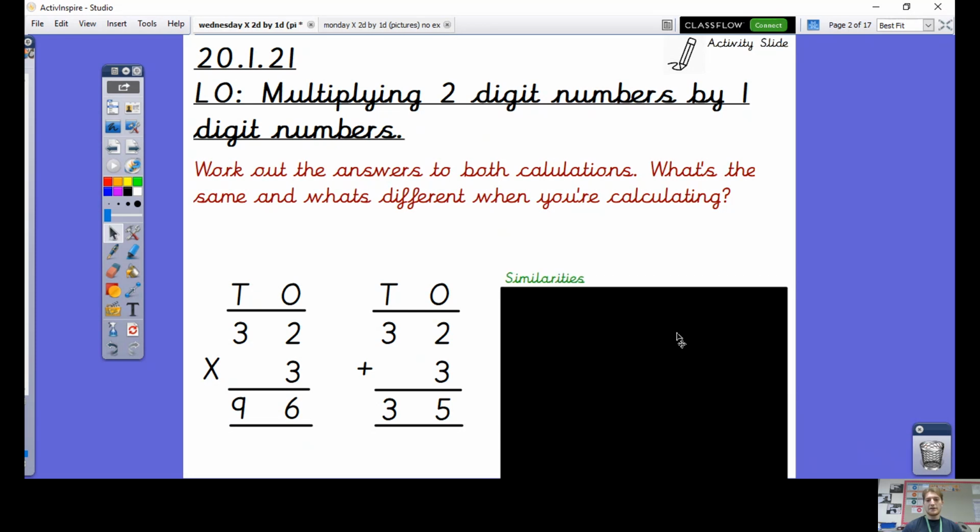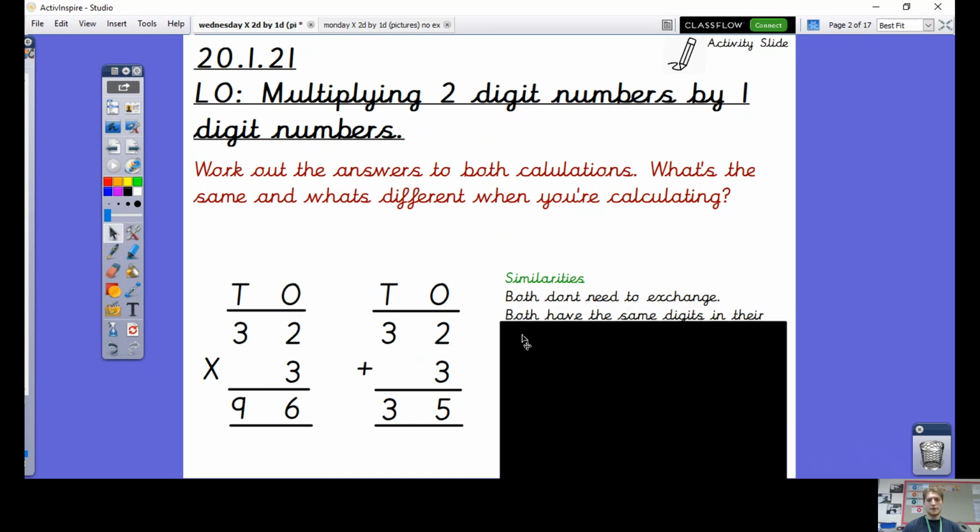So let's go through the similarities first. One similarity that I found was that for both of these calculations, we don't need to exchange. We're not writing anything extra. We're not exchanging into the tens column at all. It's pretty simple calculations going on. Another similarity I found was that both have the same digits in their number sentence. 32, we were timesing or multiplying by 3.